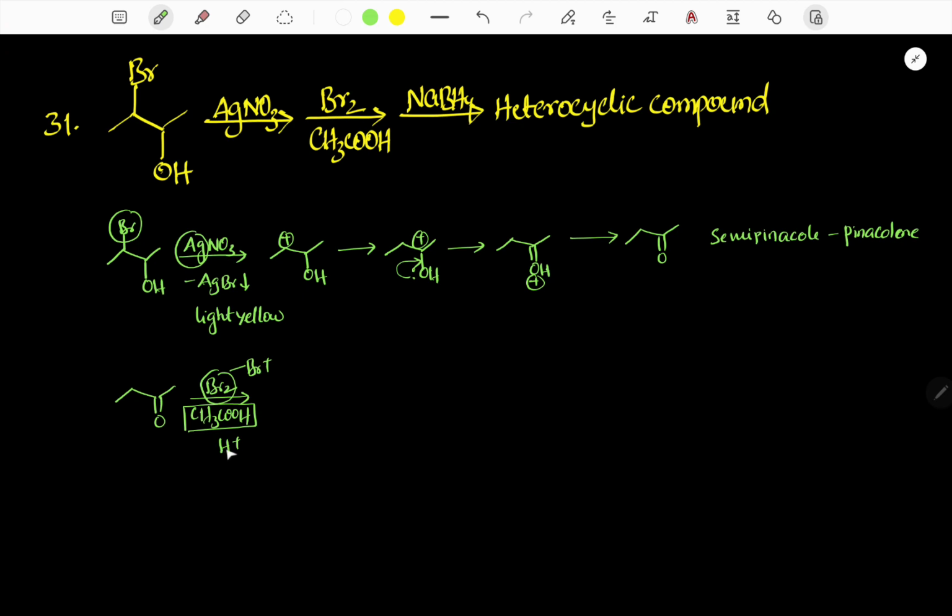We are adding electrophile in the presence of H+, so it is an electrophilic substitution. The tautomeric proton, the proton which can participate in the tautomerism, is replaced by electrophile.